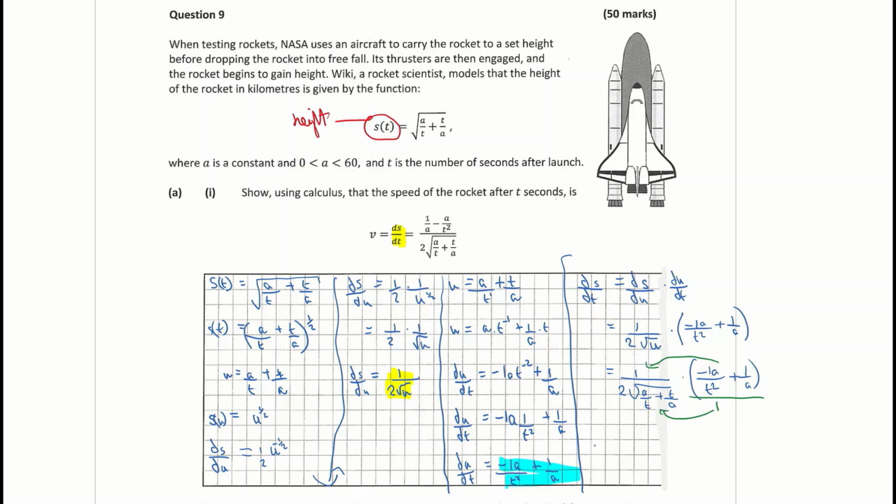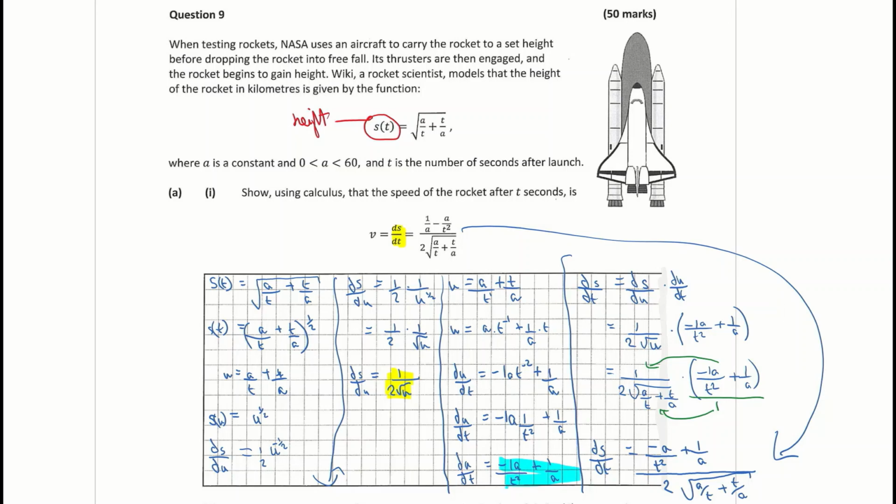So ds dt is equal to minus 1a over t squared plus 1 over a, all over 2 times the square root of a over t plus t over a. And that's part 1. That's now the same as this. I think I just need to rearrange the top there to give me 1 over a minus a over t squared, but just change that around yourself.